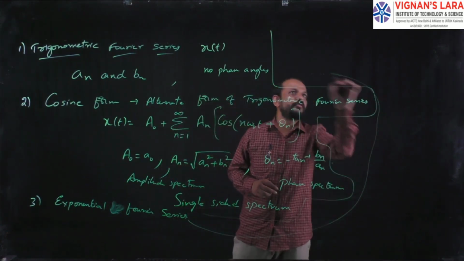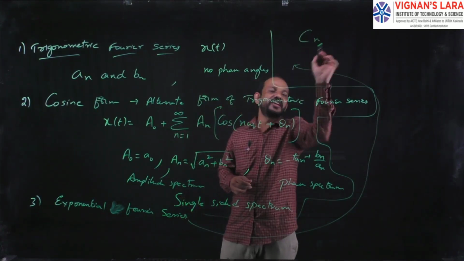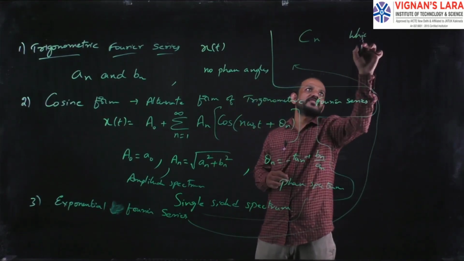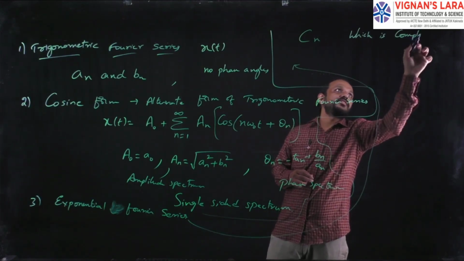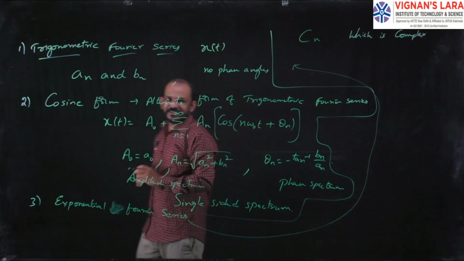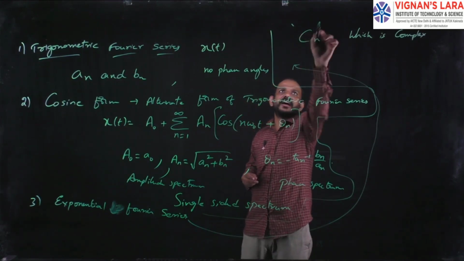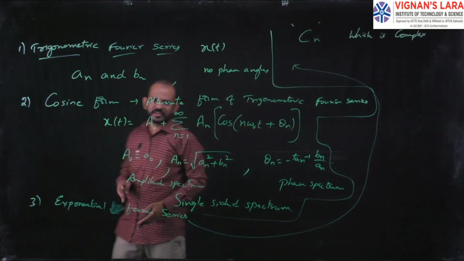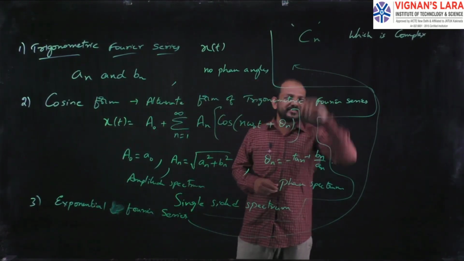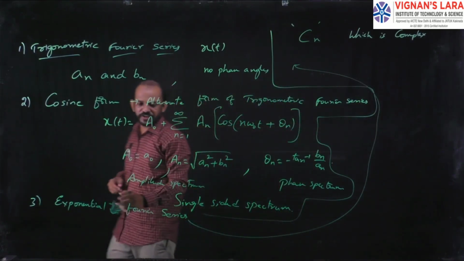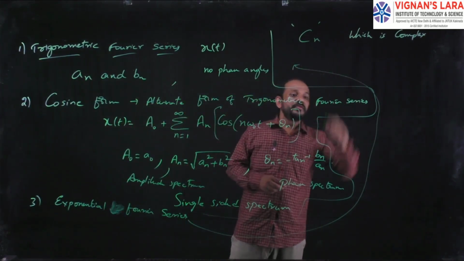That means it has both magnitude as well as phase. Since Cn, the coefficient of this complex exponential Fourier series, is a complex one, in exponential Fourier series the amplitude coefficient is Cn, which is a complex one.